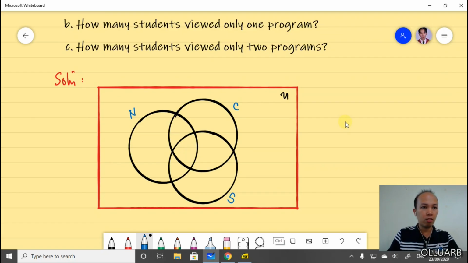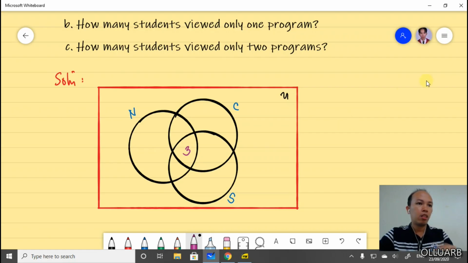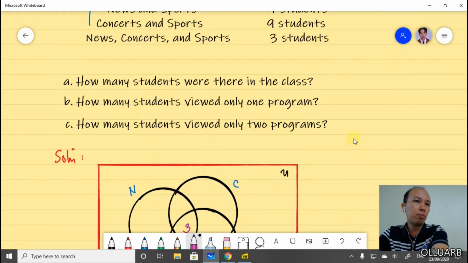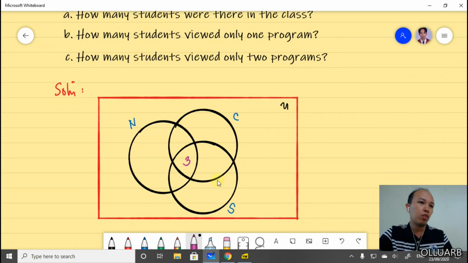Let's try another color. Let's say violet. And then for news and sports, there are 9 students. So it should be here, this shaded region. If you look at the arrow, these are the students that watch news and sports, and it says there that there are 9 students.